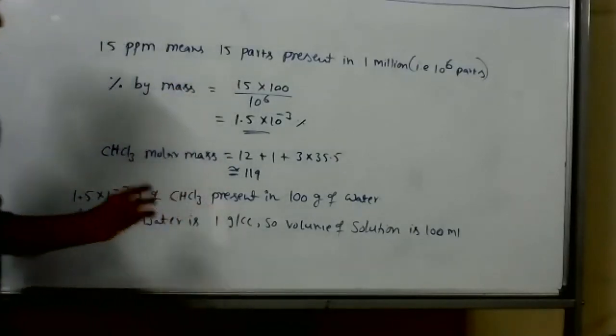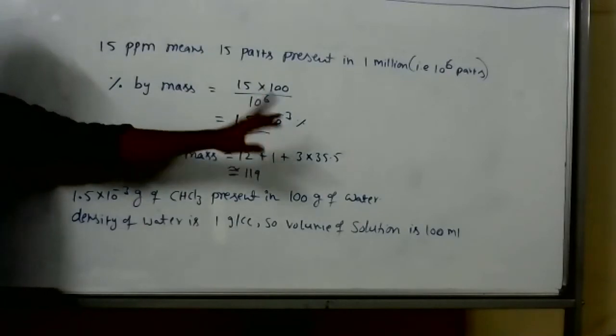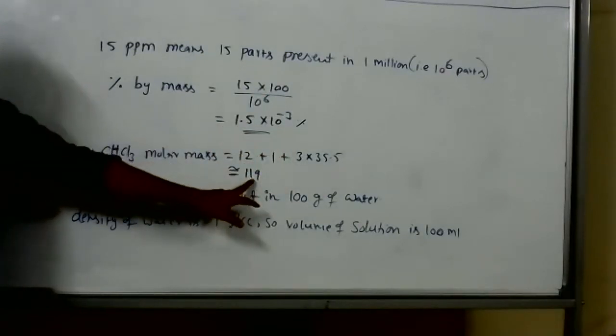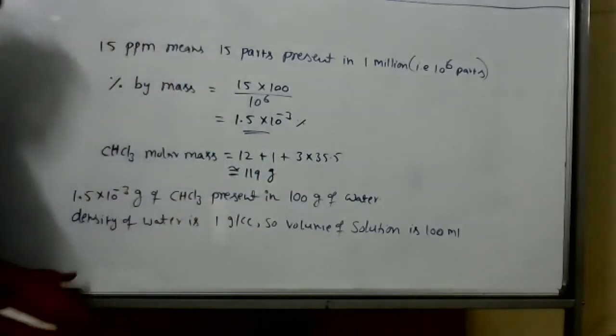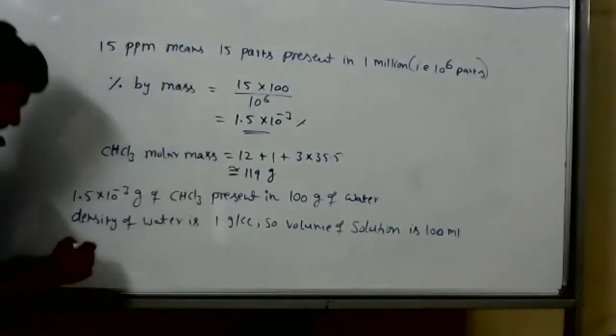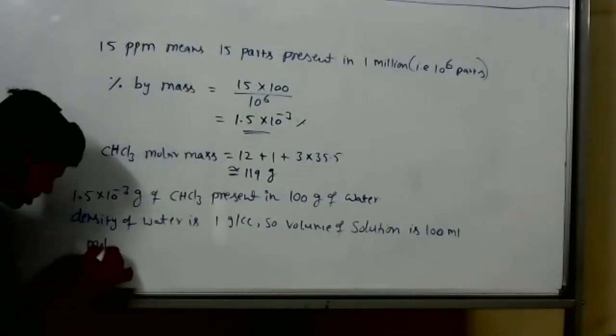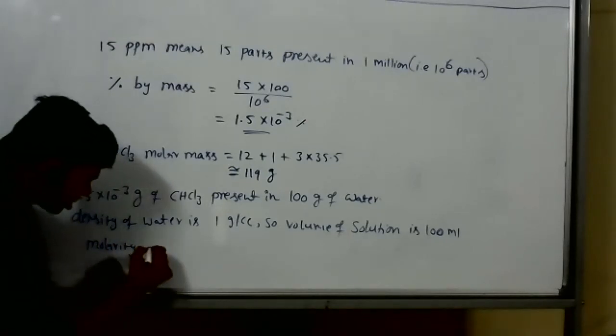See, now to calculate molarity, we need the mass of solute. Mass of solute is this much, 1.5 into 10 power minus 3 grams. Molar mass of solute is 119 grams. 1000 by volume of solution, which is 100 ml. Then substitute in the molarity formula. Just confirming, cc is centimeter cube only, no? Yes, cc means centimeter cube.